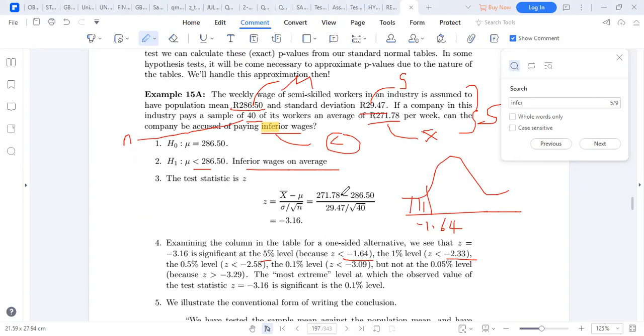Then you calculate the Z. So Z is negative 3.16. So under a 5%, we will reject our null hypothesis and we conclude that they are underpaying the workers.